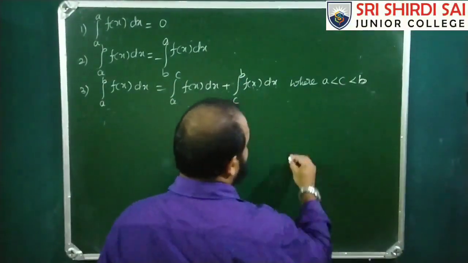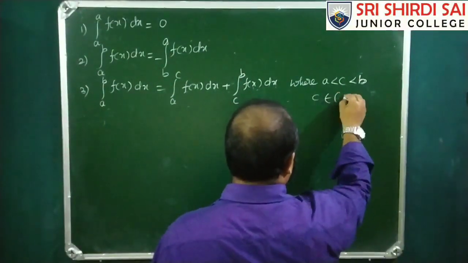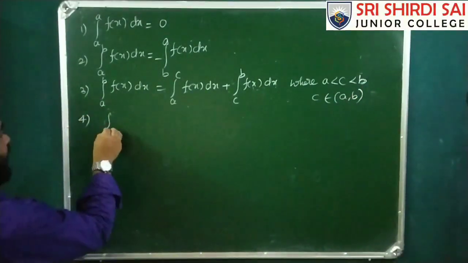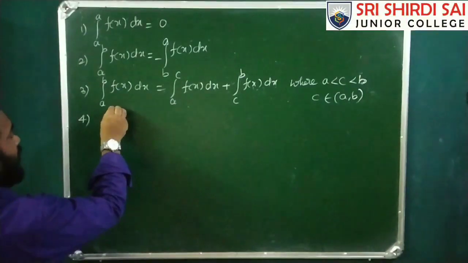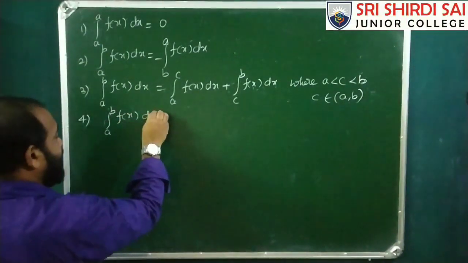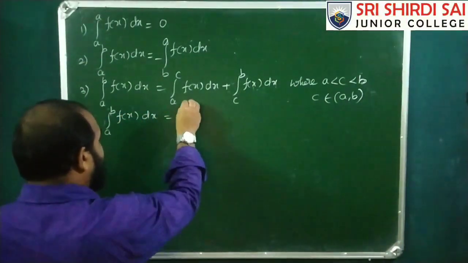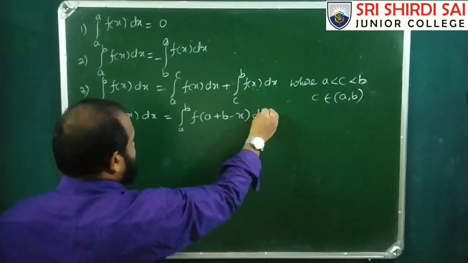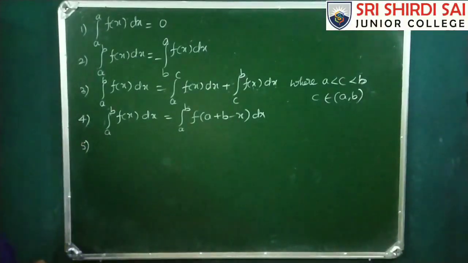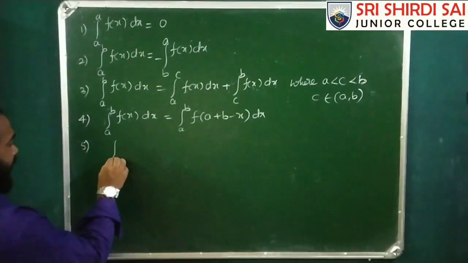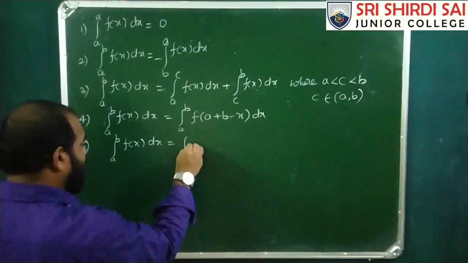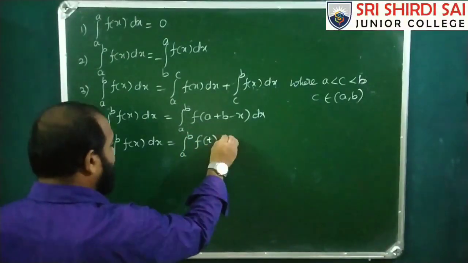Next, integral a to b f of x dx is equals to integral a to b f of a plus b minus x dx. Next, integral a to b f of x dx is equals to integral a to b f of t dt.